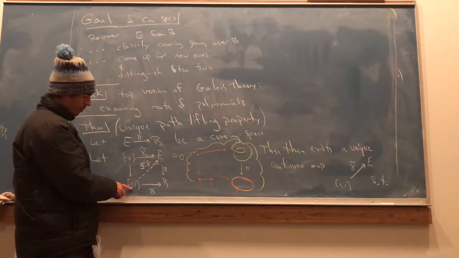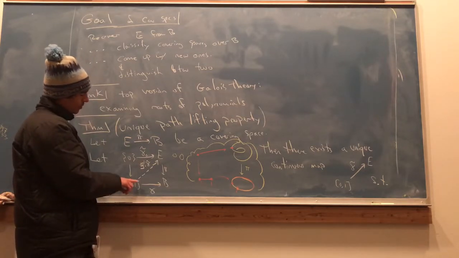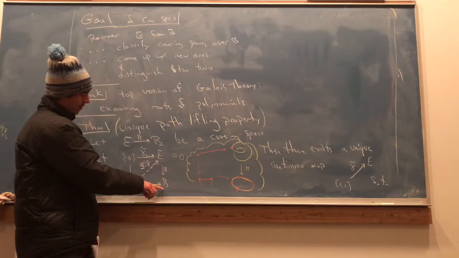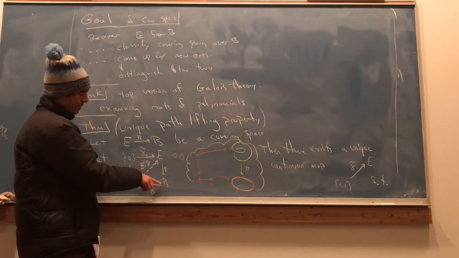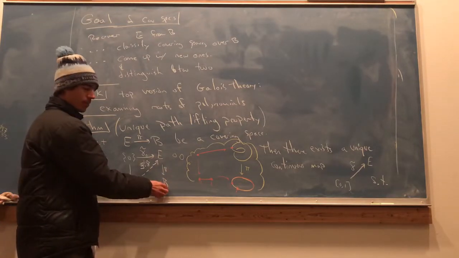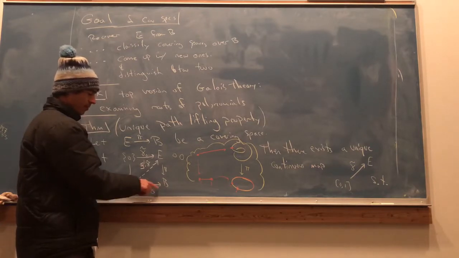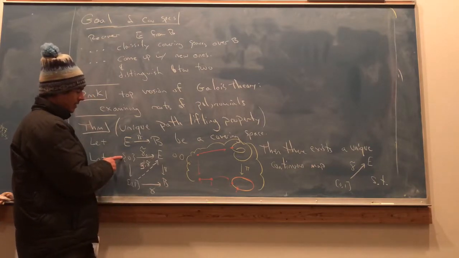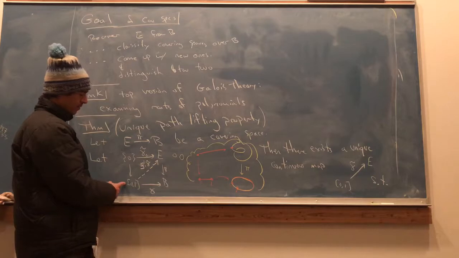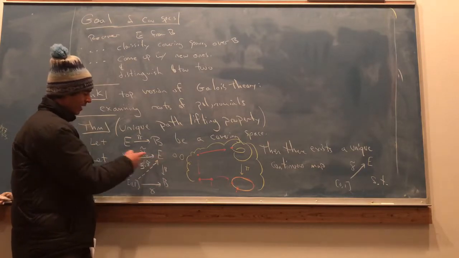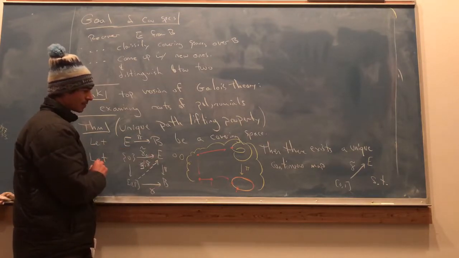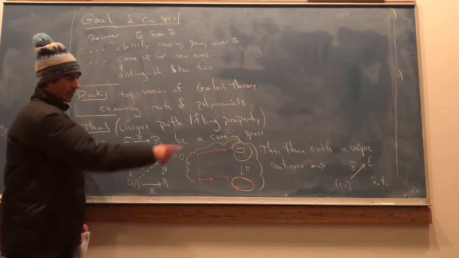In other words, if you do this followed by pi, that composite map from an interval to B will agree with the map gamma. And likewise, if you do this followed by gamma tilde, that will agree with gamma tilde not. That's the condition such that.